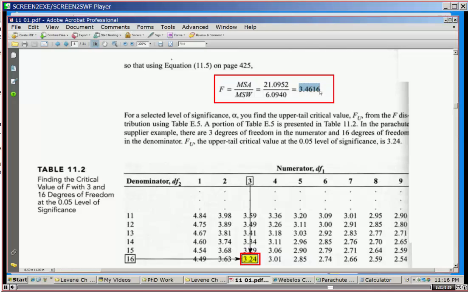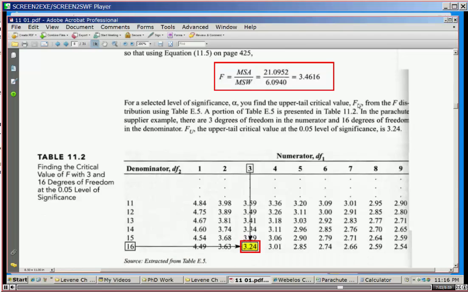We're going to have to compare the obtained F value right here against the critical value from that very distribution I just mentioned. Under normal circumstances, the table value would be called critical value, which they say here, right? Critical value, and will be FCV. They call it F sub U here, so we're going to have to stick with that.